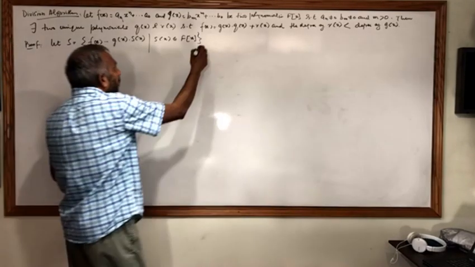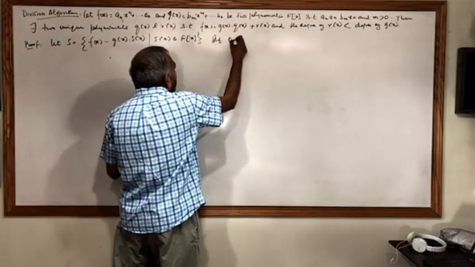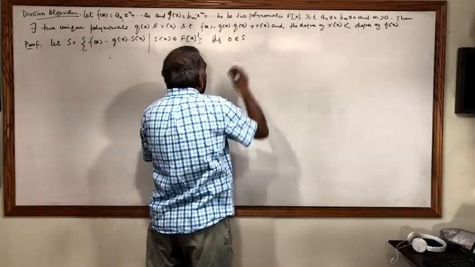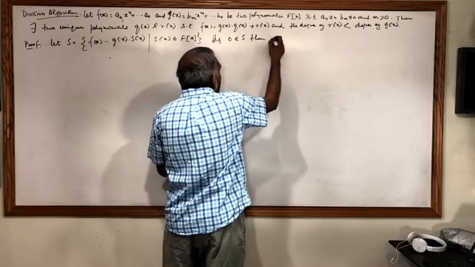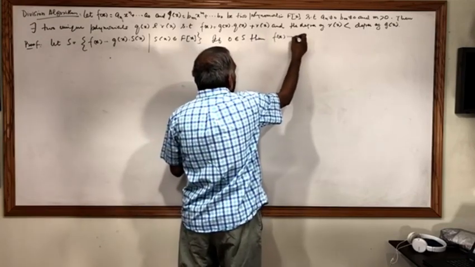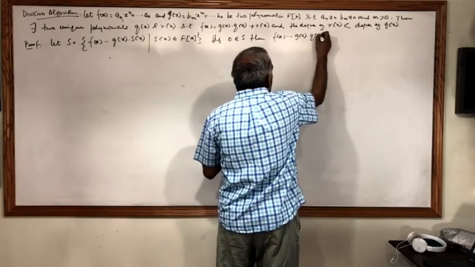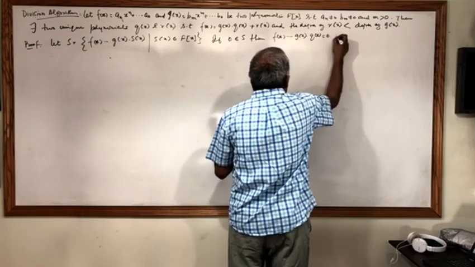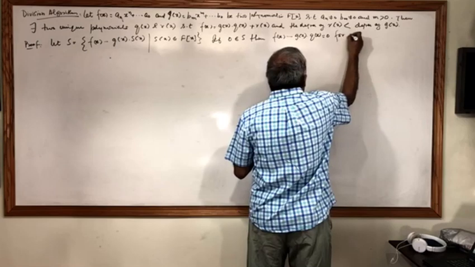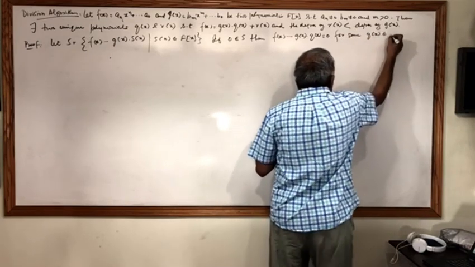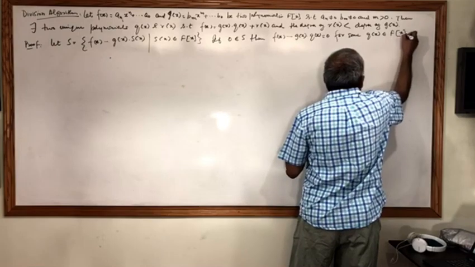So if 0 belongs to S, then f of x minus g of x times q of x equal to 0 for some q of x in F of x.